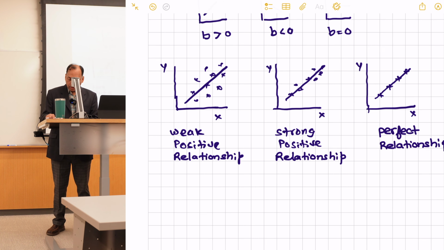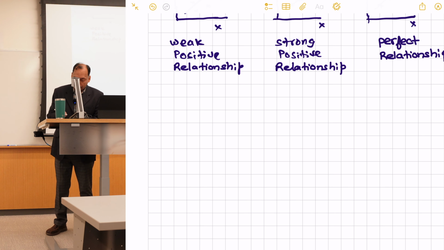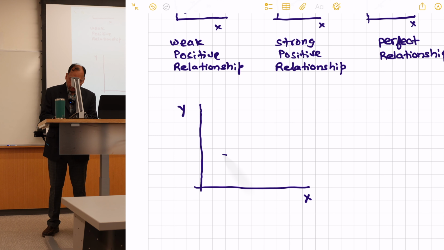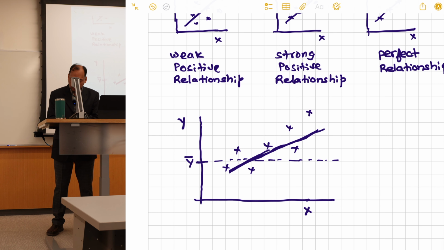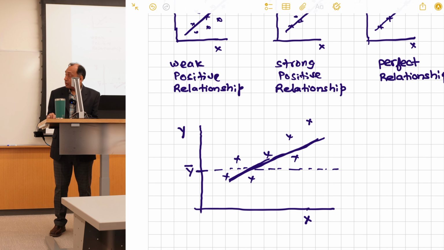So when we are studying this relationship between two variables, and we may have these data points, and suppose your average of y values is somewhere here, y bar. So there are a lot of things going on here.